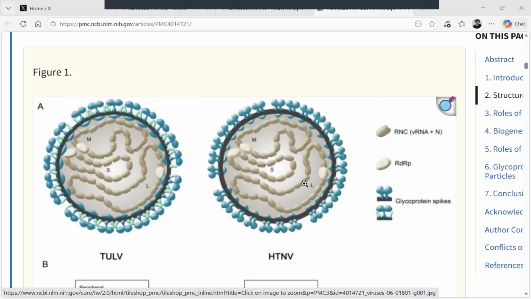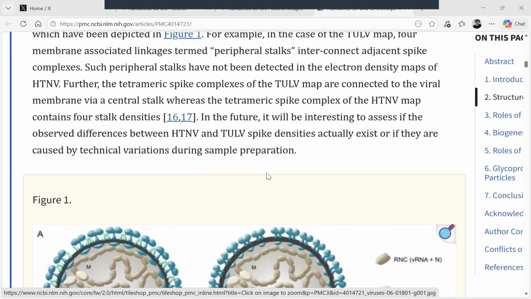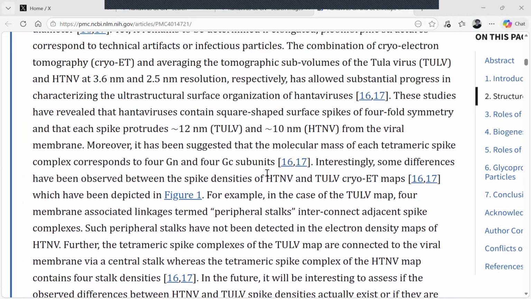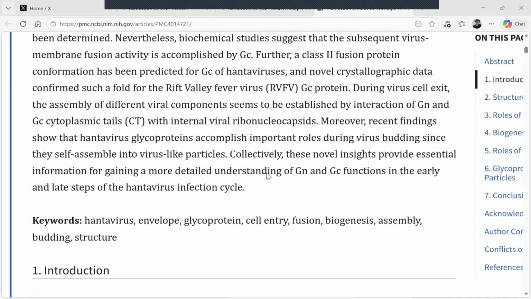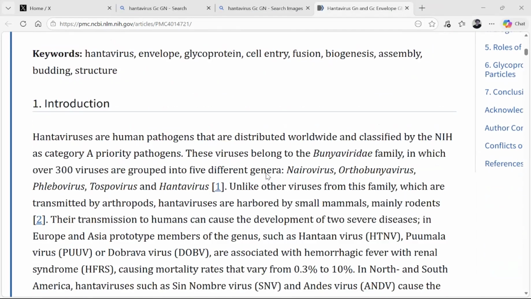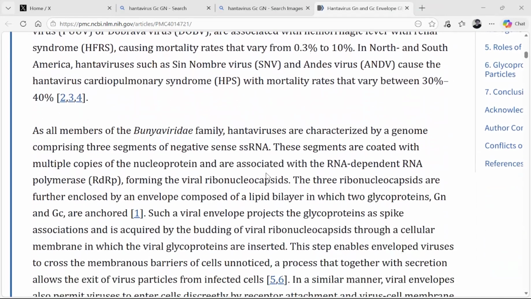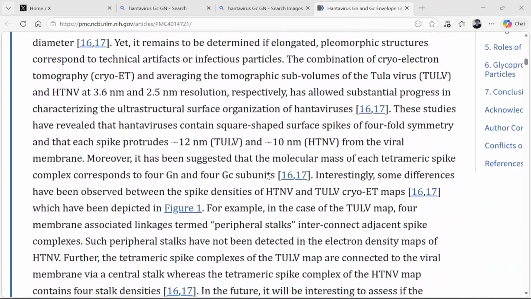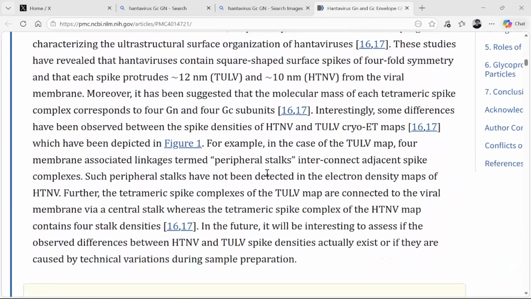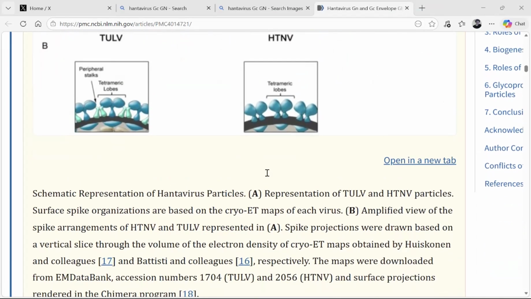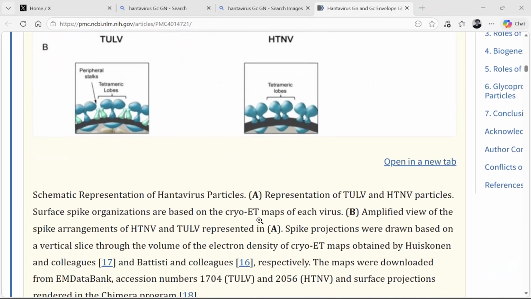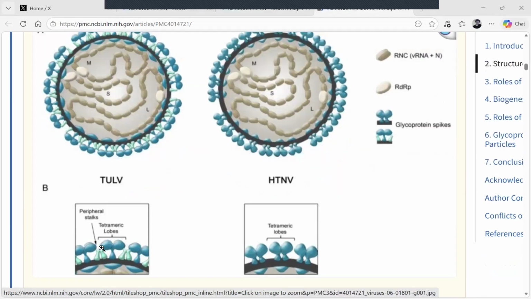Now, the tulip virus is similar. There's a similarity to it. I believe it's called the tulip virus, or the TULV virus, has a similar makeup to the hantavirus, except that they have these additional peripheral stalks coming off of the membrane.